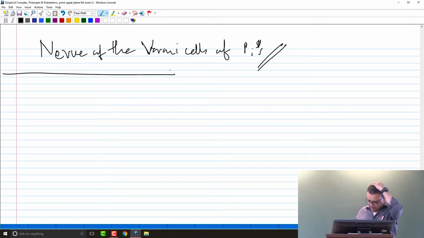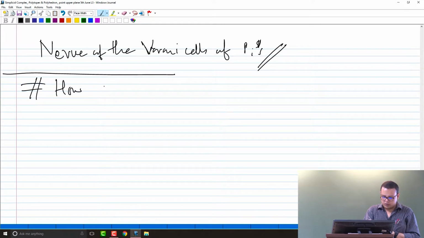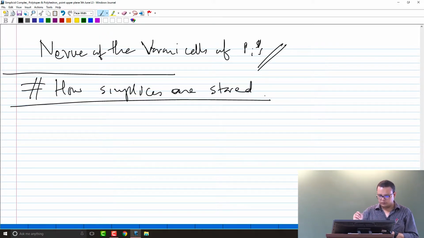So, let me discuss a bit about how simplicial complexes are stored. Let me give you one example.